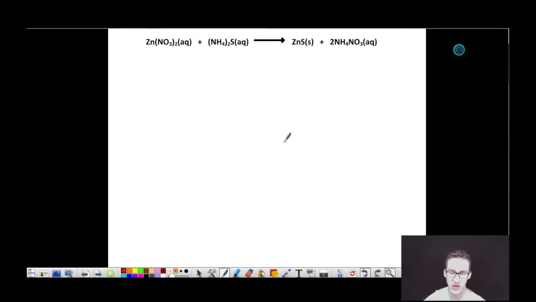All right, so let's take a quick look at how we can work through converting between a molecular equation to a complete ionic equation to an overall net ionic equation. As you look at this equation, we're going to break apart anything that is in solution into its individual ions. So zinc nitrate, because it is aqueous, would become the aqueous zinc ion, and 2 nitrate ions because there are two of them in solution.